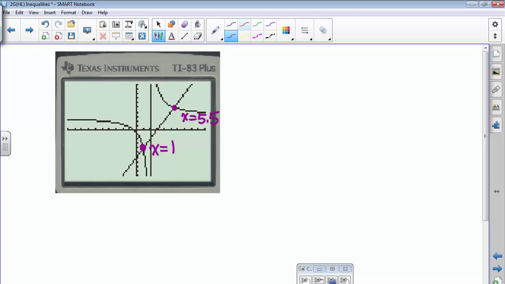So right now, the inequality is y1 is less than or equal to y2, which means you are looking for the intervals where the hyperbola is below the straight line or equal to the straight line.